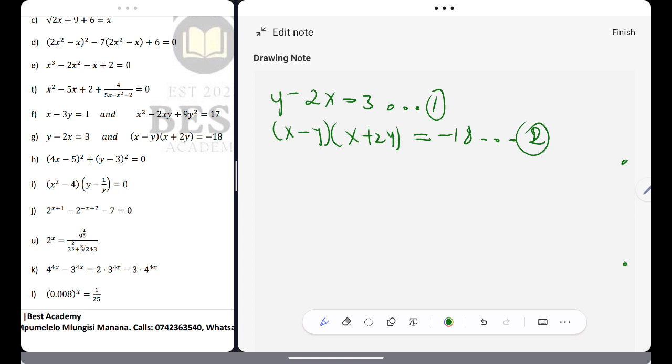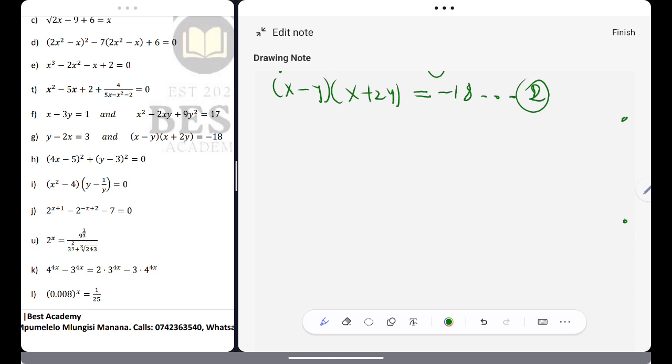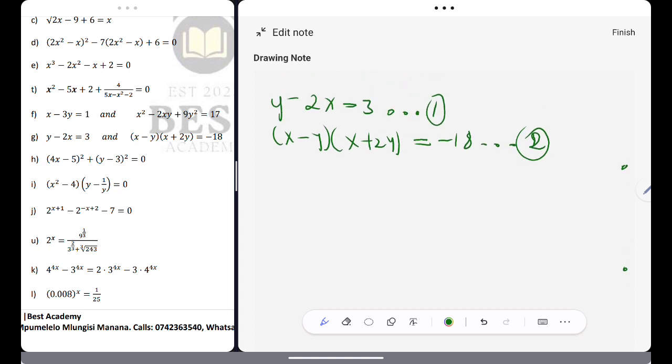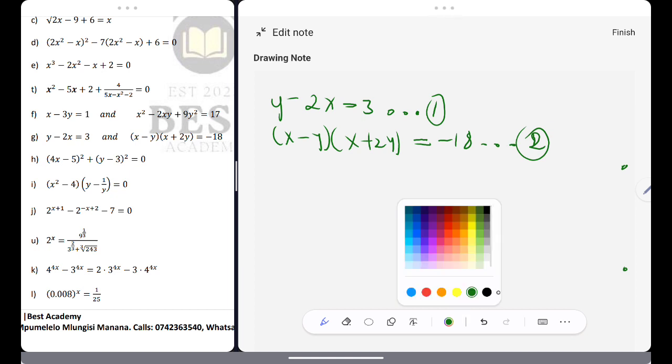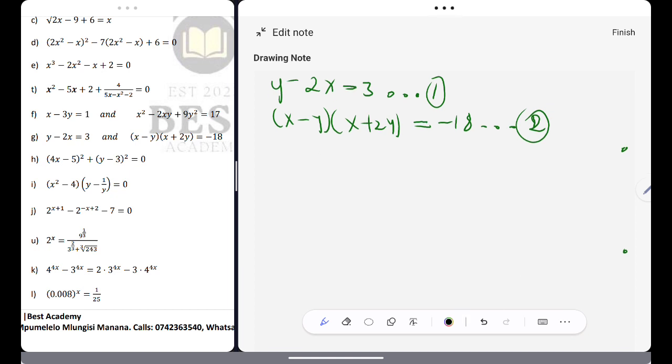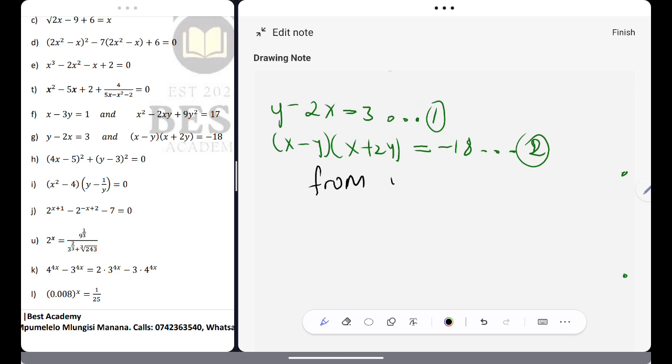Okay, let's go. I hope you guys did well. Let me just use black. Just need to isolate one unknown. In this case, I'll just say y is equal to a positive 2x plus 3.